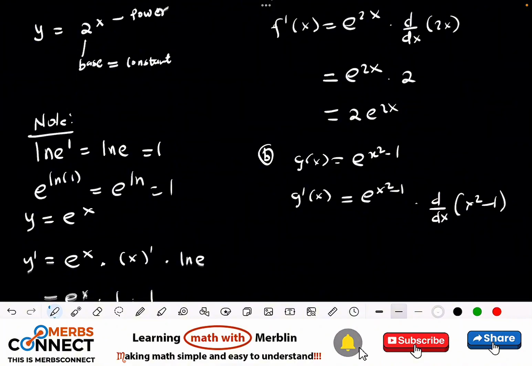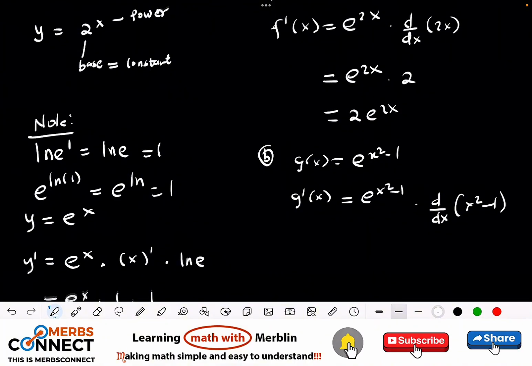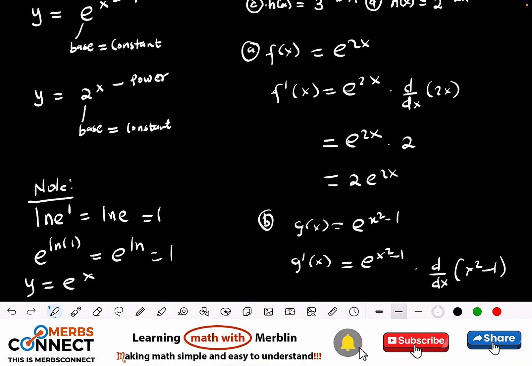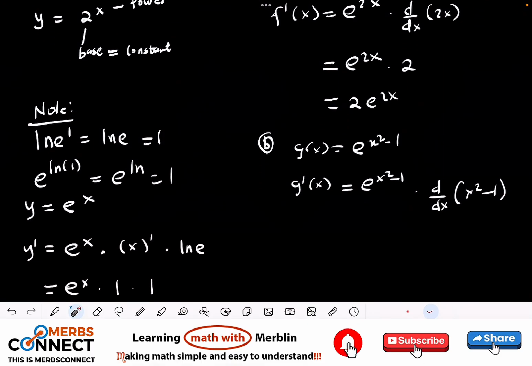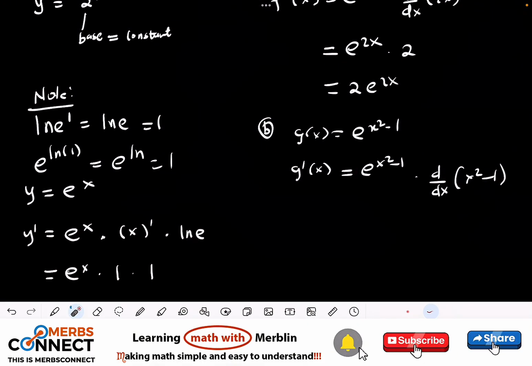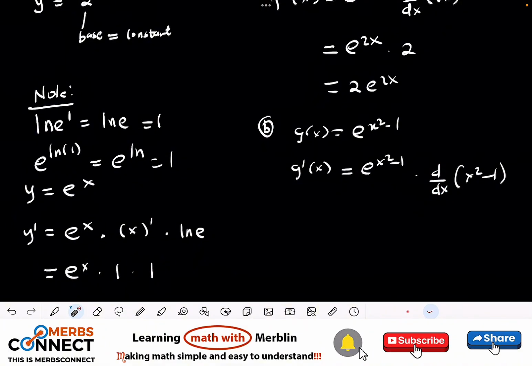Now here, if you know how to do it, you can just do it straight. For example, this one, if I wanted to do it straight, f prime of x will be, now I maintain the function and then differentiate the top, which is 2. That's all, without writing times this, right? But because I want you to learn how to do it, that's the reason why I bring this one. So when you become good, you can skip some of the steps and then we just write it straight away, right?